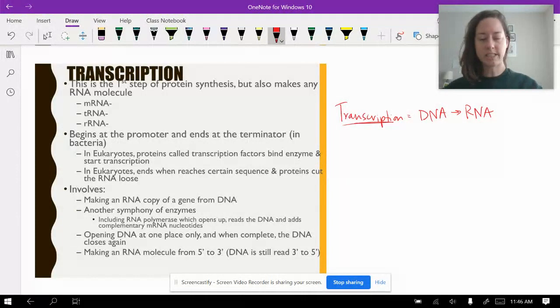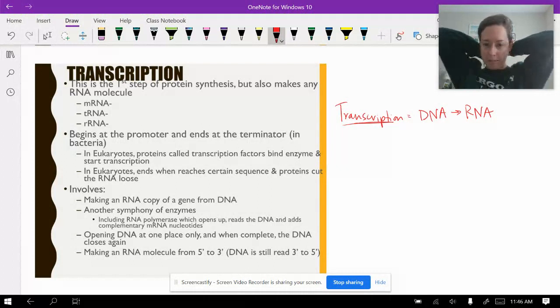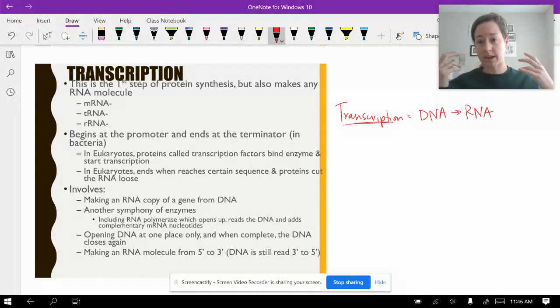How I like to teach this is that a transcription, or if you transcribe something, it means that you are keeping it in the same language, but you're just turning it into a different format. And that's what's happening here. So you're taking DNA, which is in the language of nucleic acids, and you're converting it into RNA, which is also in the language of nucleic acids.